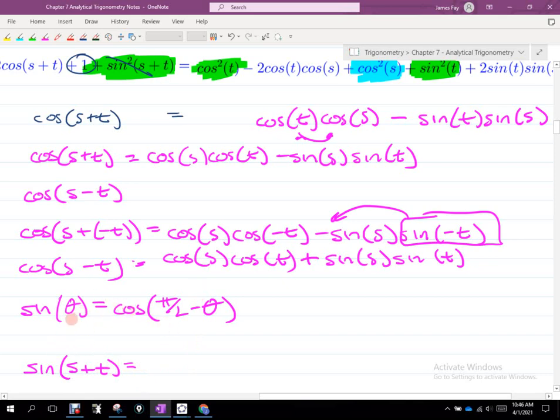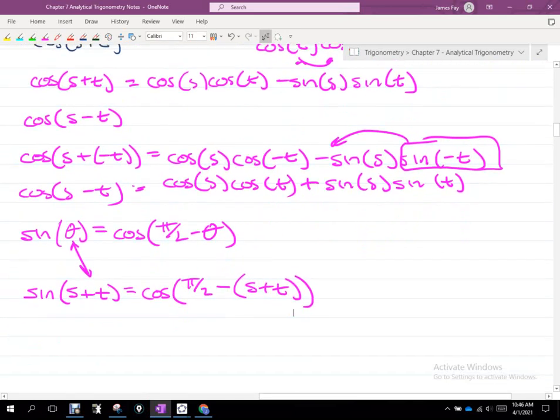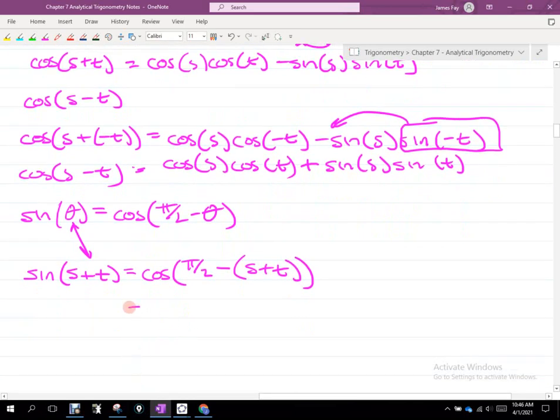So now this theta is going to be S plus T. Is that okay with everybody? So now I'm going to write this as cosine of pi over 2 minus this quantity S plus T. Okay? Now I'm going to distribute that minus, and it's going to give me cosine of pi over 2 minus S minus T. Is that okay?